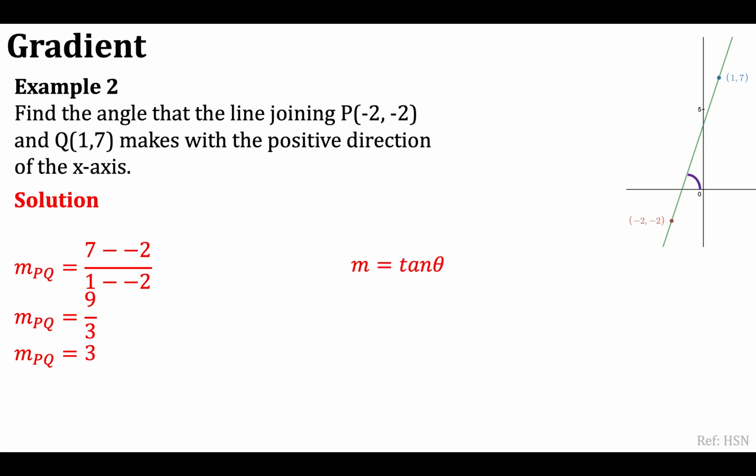Now, I can then look at m equals tan theta. Now this time I know my gradient, I know that it's 3, so 3 is equal to tan theta. Now in order to get theta, I need to use the inverse of the tangent function. So theta is inverse tan of 3.